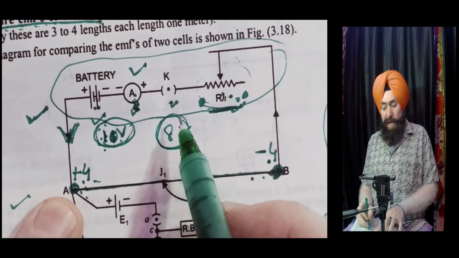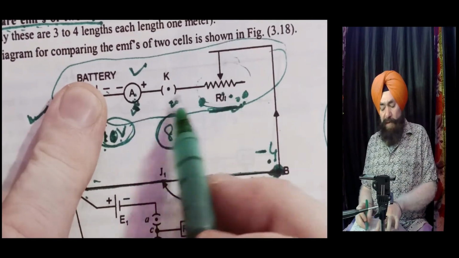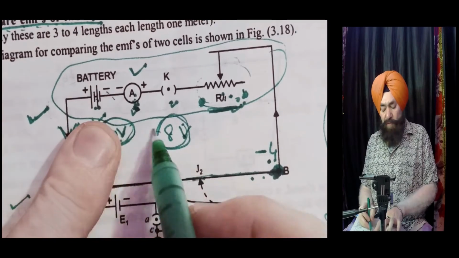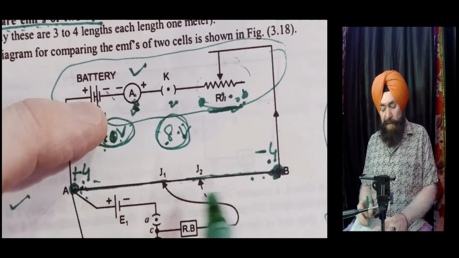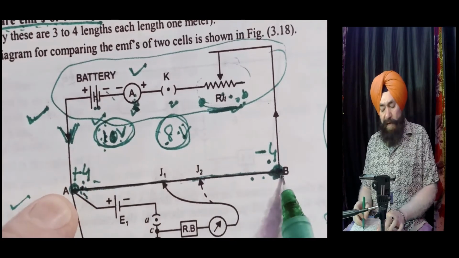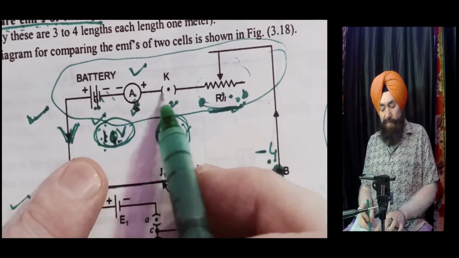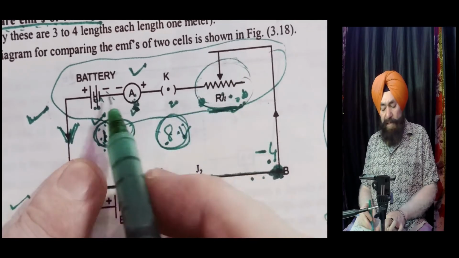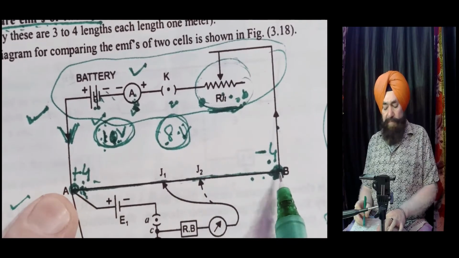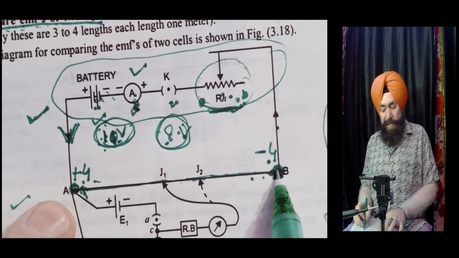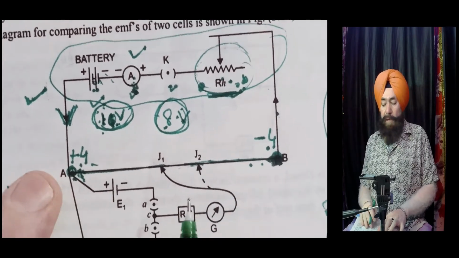I may think the battery is 8 volt and no voltage appears here, so the whole 8 volt of the battery develops here, plus 4 to minus 4. But actually, if it is 10, some voltage develops here, some on the wire, and the rest of the voltage comes here. So here the voltage is 8, meaning plus 4 to minus 4.